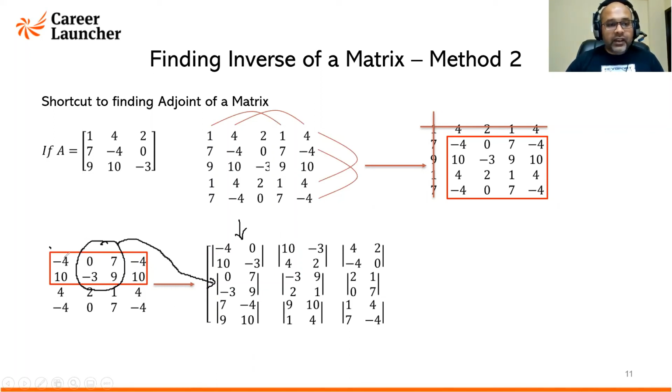So I have taken the first two rows. The determinants I'm getting from there, I'm writing in the column. So I'm converting the determinants from the rows into a column. Similarly, if I do the next set of determinant, I will get 7, minus 4, 9 and 10. That I will be writing as the third element in the first column. Right? So I got my column 1 here.